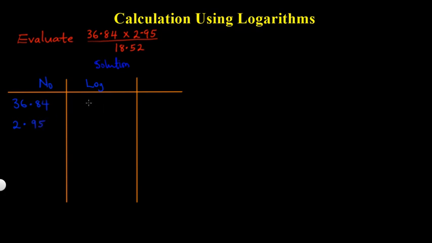When going to the log side, before you go and check your four-figure table, you will definitely write the integer for these numbers. Having 36.84, if you convert this to standard form, what will be the power of 10?